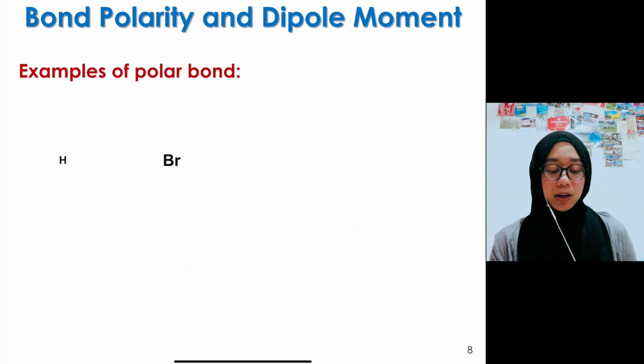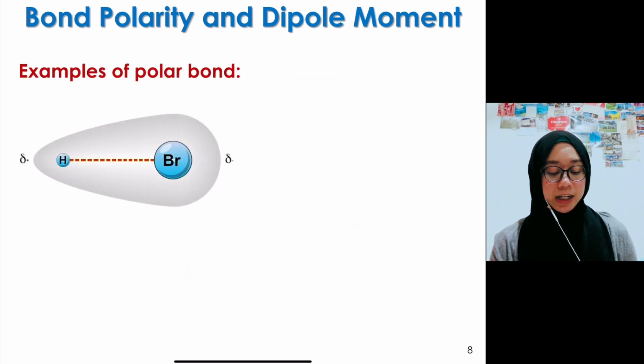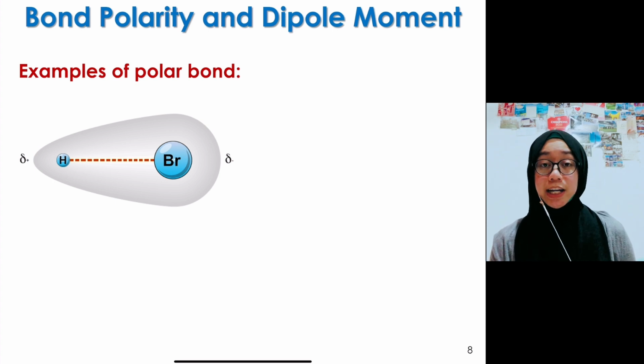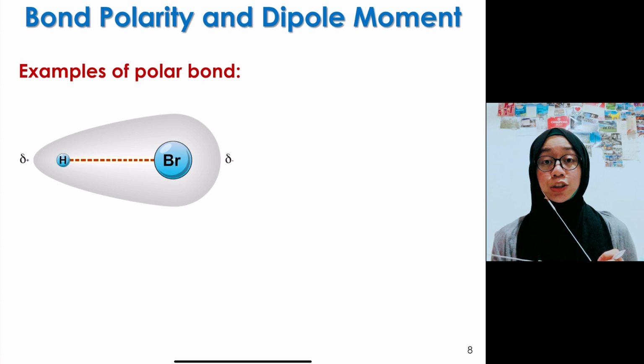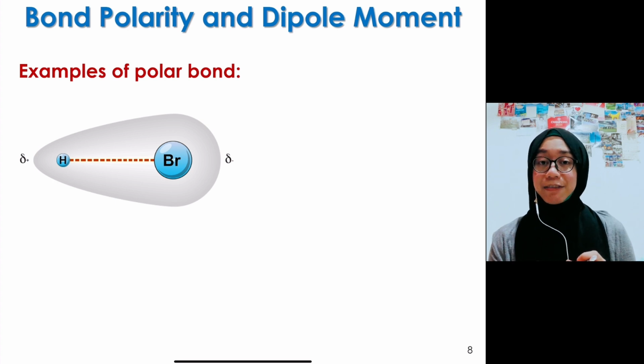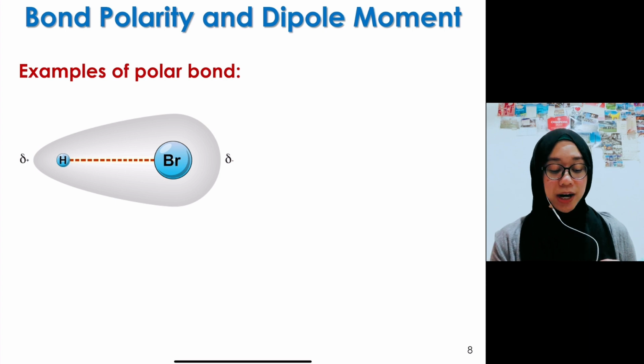Okay, so example of polar bond. Tadi kita tengok HF, sekarang ni kita tengok H dengan Br. So again, Br is more electronegative sebab Br lagi dekat dengan fluorine. So dia lagi more electronegative compared to hydrogen.